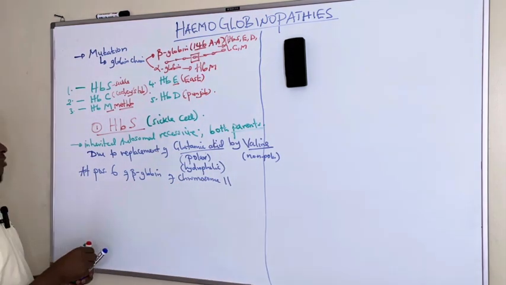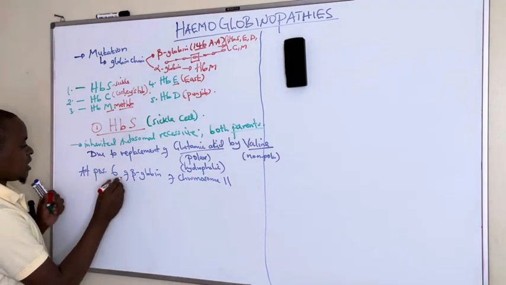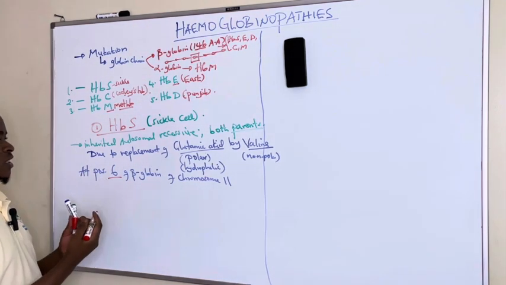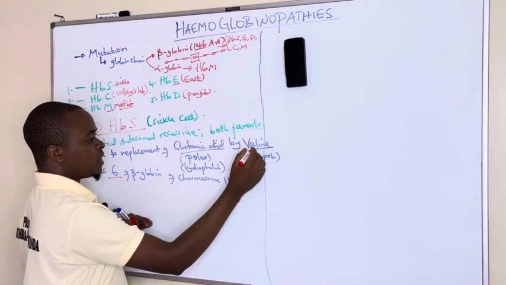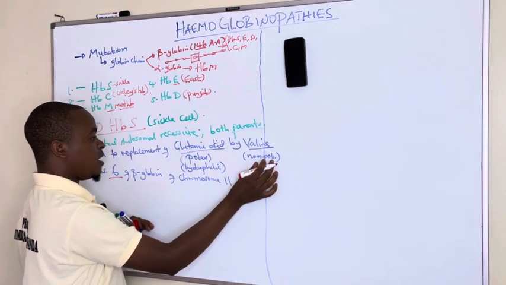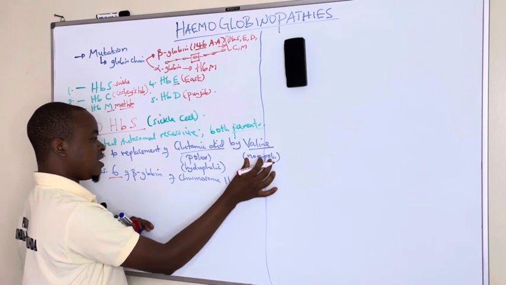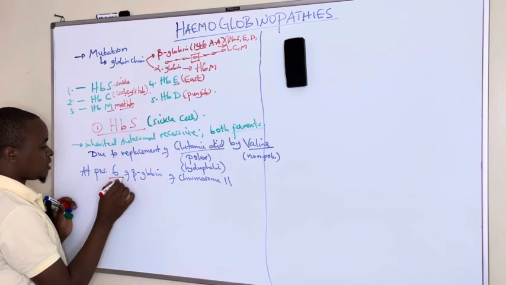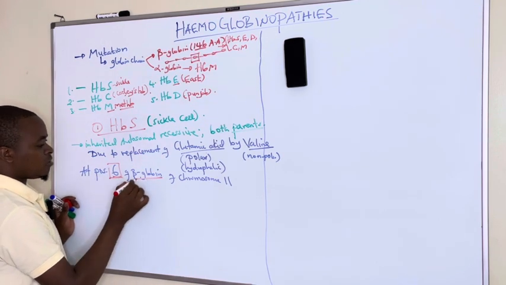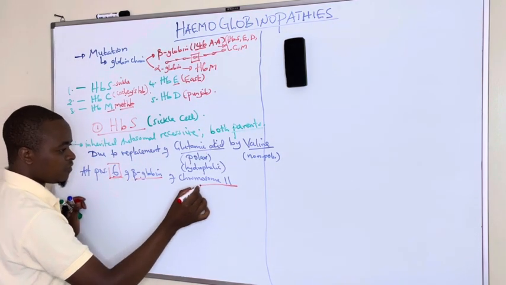Whenever there is a mutation at position 6, where we find glutamic acid, it is replaced by valine, a non-polar amino acid replacing a polar amino acid at position 6 of the beta globin chain of chromosome number 11.